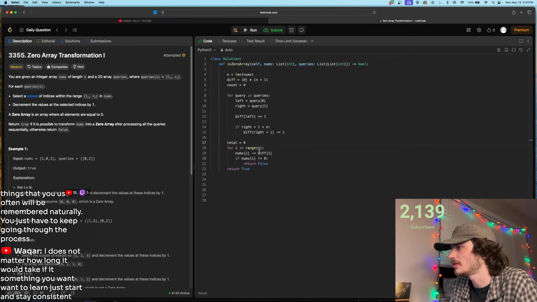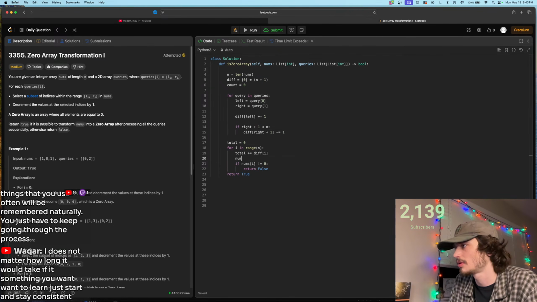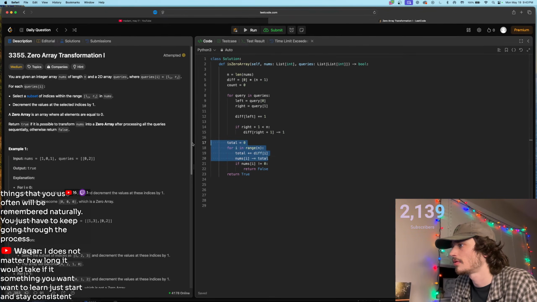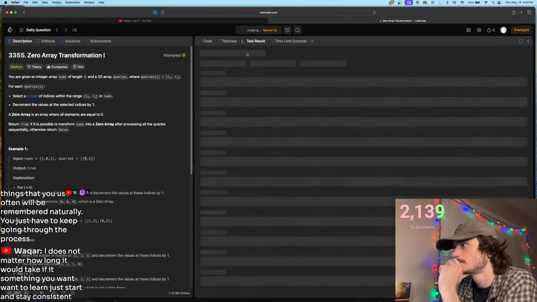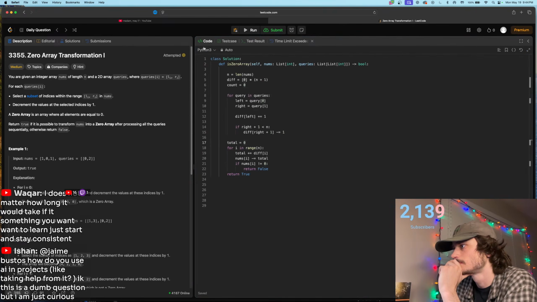Another counter where I set the count or the total plus equals here, and then I reduce nums index I by the total at each step. Dang it.